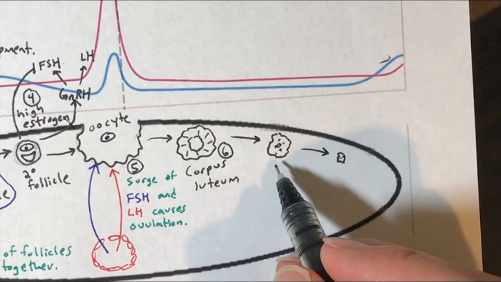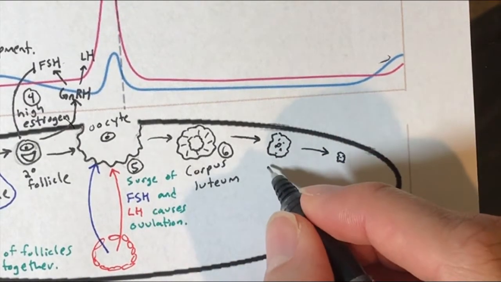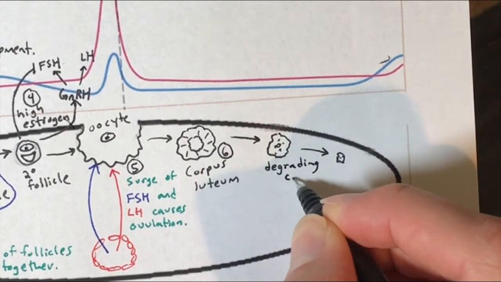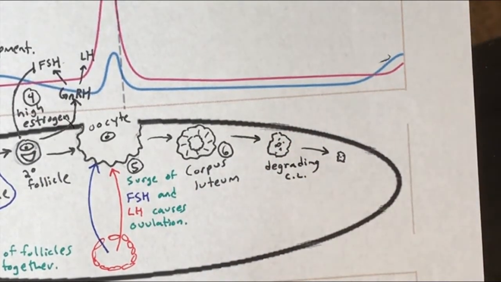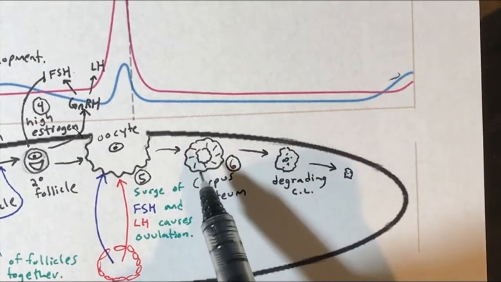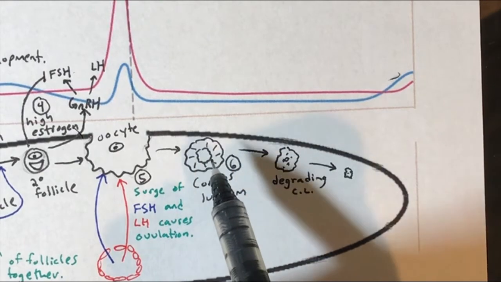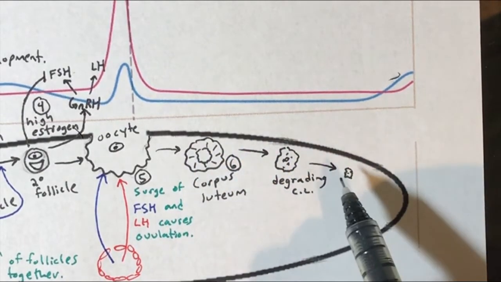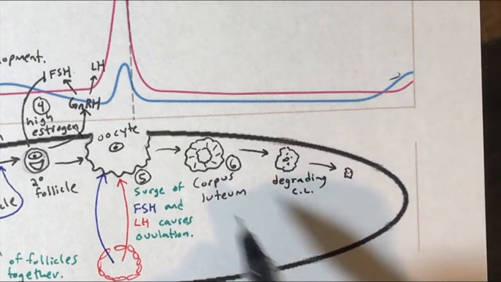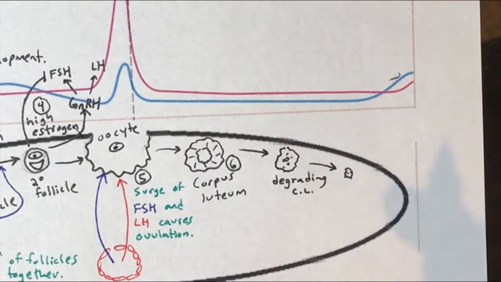So this is the degrading corpus luteum. So the corpus luteum, as it exists here and as it degrades, is going to be producing hormones, and these hormones change as it degrades, which causes changes in the uterus.